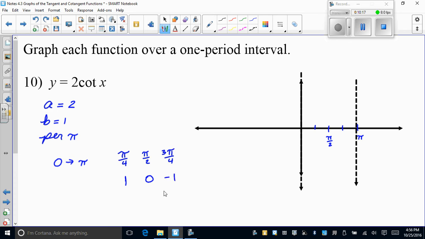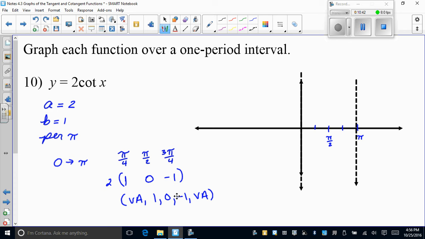Okay. But we have an a value, so we do have to take our a value and multiply by 2. Now, if you're wondering why we do 5 values with sine and cosine and with tangent we're doing 3, it's because for the other two it's a vertical asymptote, and then 1, 0, -1, vertical asymptote. We can't do anything with those vertical asymptotes.